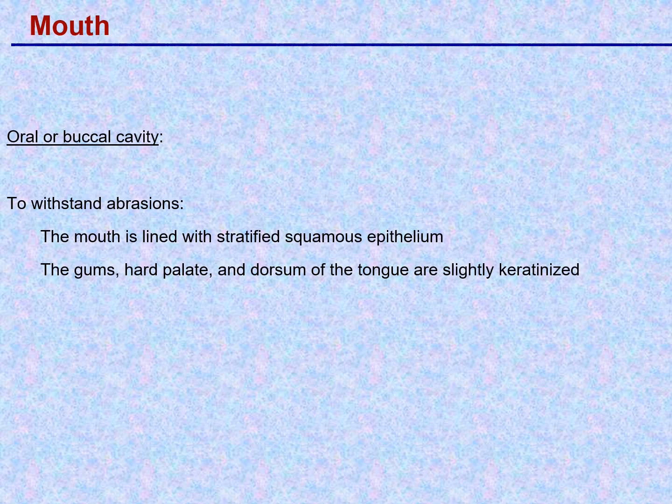In that way, you're constantly replacing the surface of the gums, the hard palate, and the dorsal side of the tongue. And the whole mouth also is lined with that kind of stratified squamous epithelium, which is keratinized.